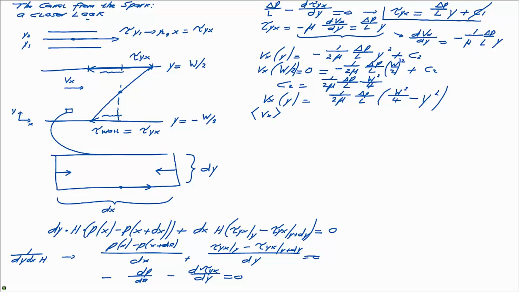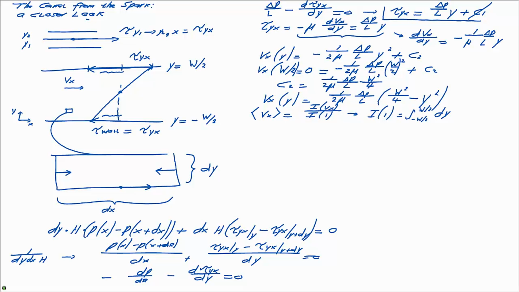Average Vx is I of Vx divided by I of 1. Well, I is given as an integral from minus w over 2 to w over 2. Filling in 1 for f here, we get this.